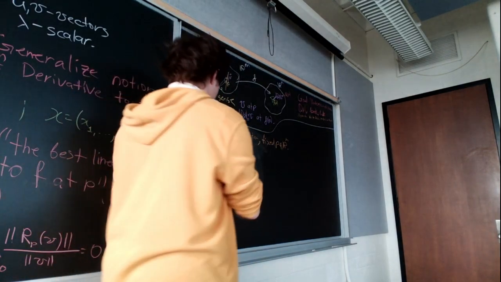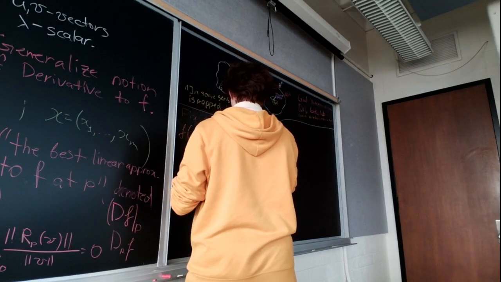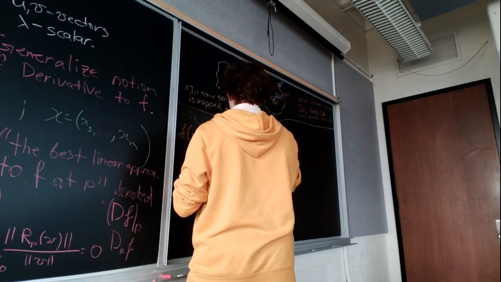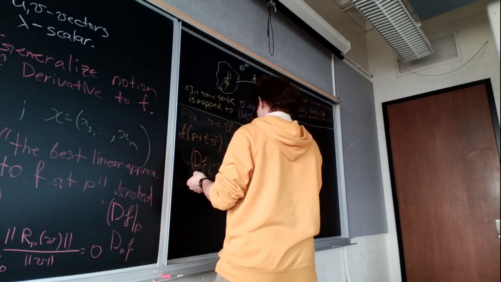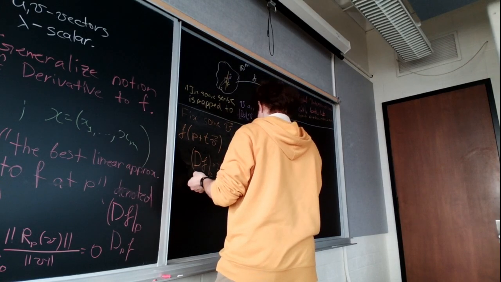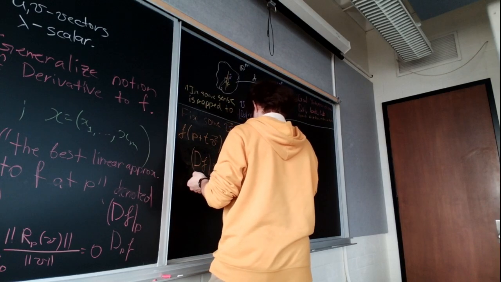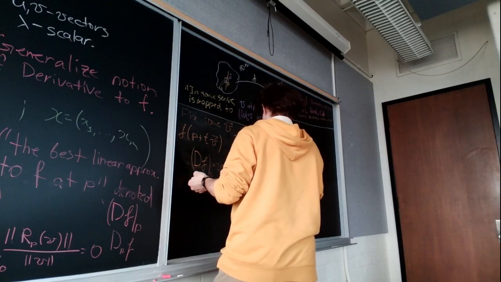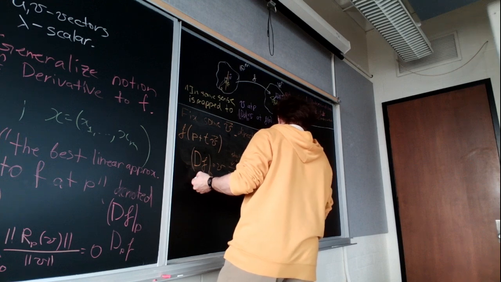So this should be true: that if I do df, and then I take this derivative at t equals 0.